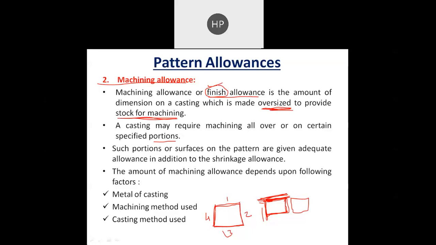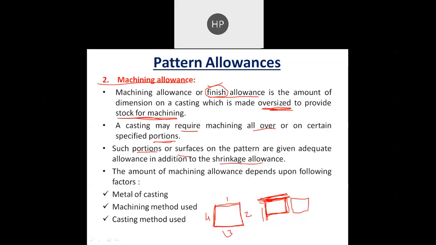So it may require machining all over or on a certain specified portion, and such portions or surfaces on the pattern are given adequate allowances in addition to the shrinkage allowance. So we have to give an additional allowance which is also compensating the shrinkage. Here we have a total of two allowances. First allowance is a shrinkage allowance and second allowance is a machining allowance.